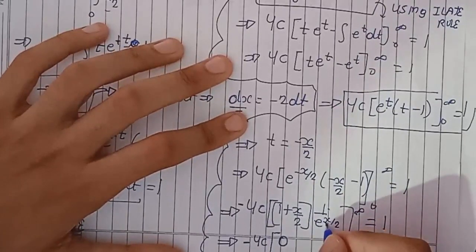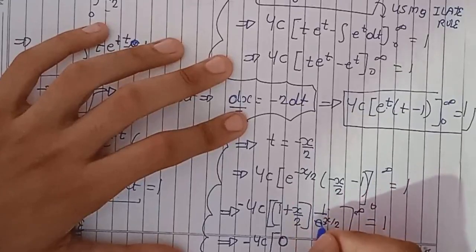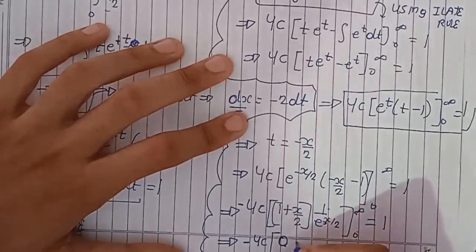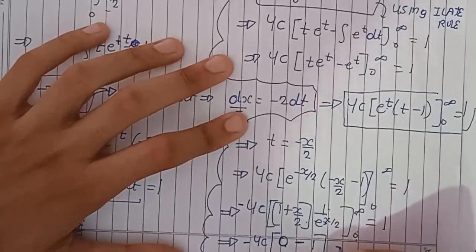Now putting infinity here you will be having e to the power infinity which is equal to infinity, and a finite number upon infinity is equal to 0. So it is 0 minus, putting 0 here we will be having 1, is equal to 1.